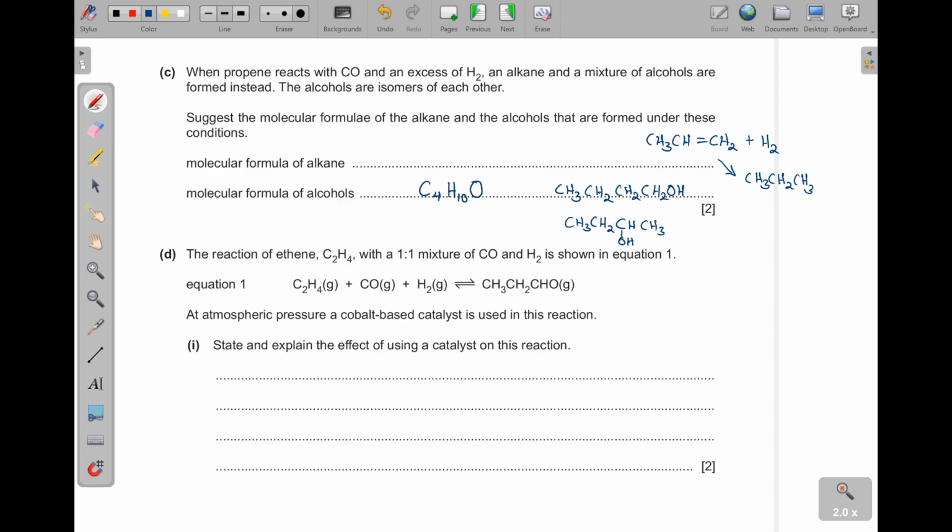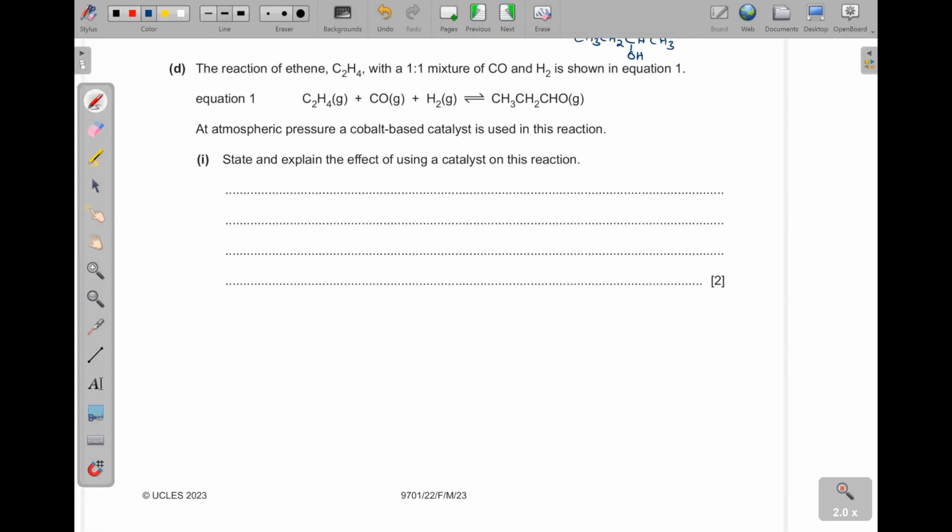That is propane. So this one, the molecular formula is going to be what? Remember for alkanes, it is CnH2n+2. So hydrogens are 8. So we shall have C3H8. That is what we are going to have there.